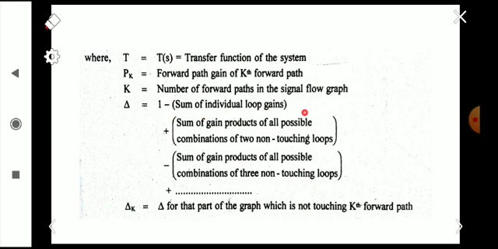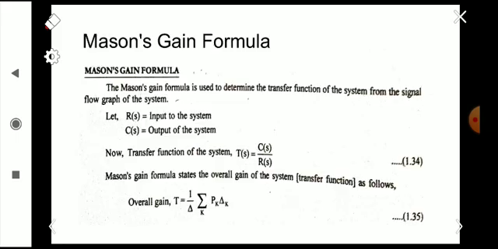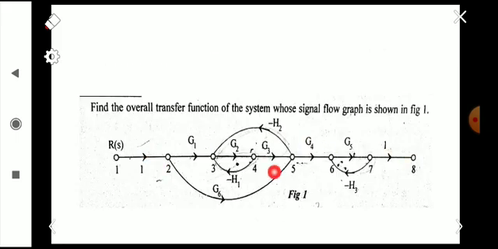You have to add all the loop gains here, plus the sum of gain products of all possible combinations of two non-touching loops. We have to find the two non-touching loops in the figure, and find the sum of gain products of these two non-touching loops. In this figure, the first loop and the third loop are non-touching loops.